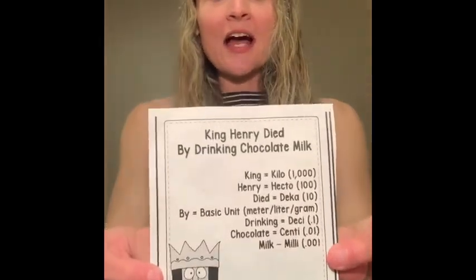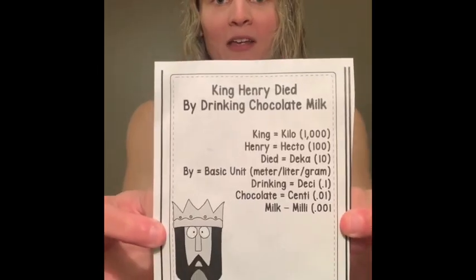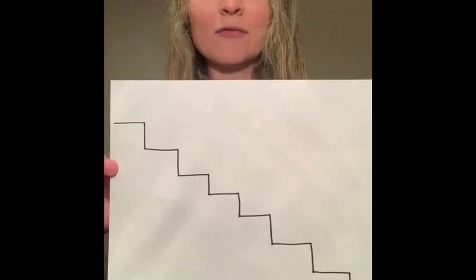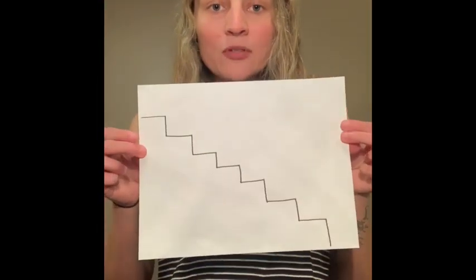So before I get started here, you are going to need a couple things in your hands, okay? The first thing that you need is your King Henry Died by Drinking Chocolate Milk little sheet. That should have been in your packet. The next thing that you need is this piece of paper, this staircase piece of paper, and you've probably been wondering about it for the last couple weeks, like why did Miss Hill put this in our packet? Well, you are about to find out.